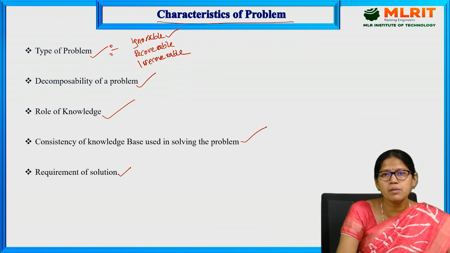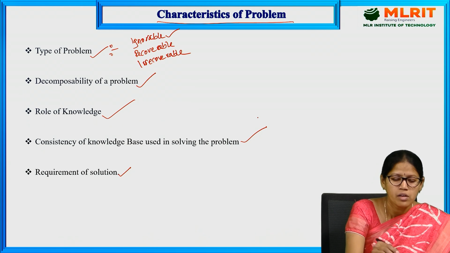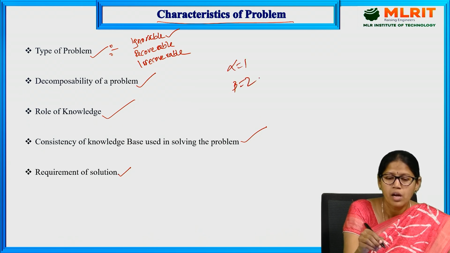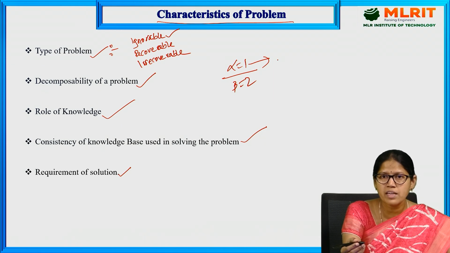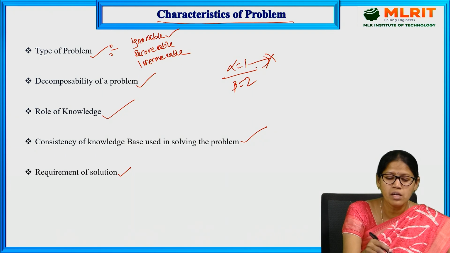Ignorable. For example, if you are solving some problem, say alpha equal to 1, beta equal to 2, and we need to reach some goal, then whichever control strategy we apply to solve this problem, after some time we may realize that it is not useful to reach the goal state, and then we'll stop that.